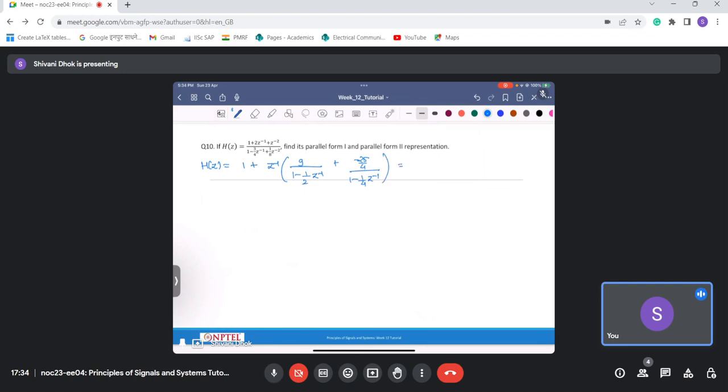This I can write as 1 plus 9z^-1 upon (1 minus 1/2 z^-1) plus minus 25/4 z^-1 upon (1 minus 1/4 z^-1). So let us try to represent this system here.